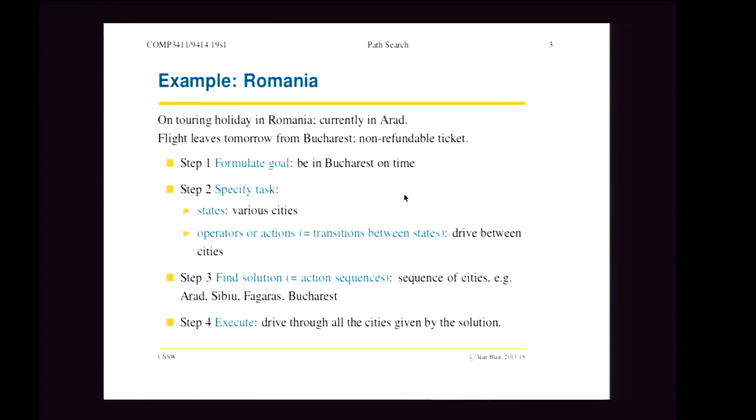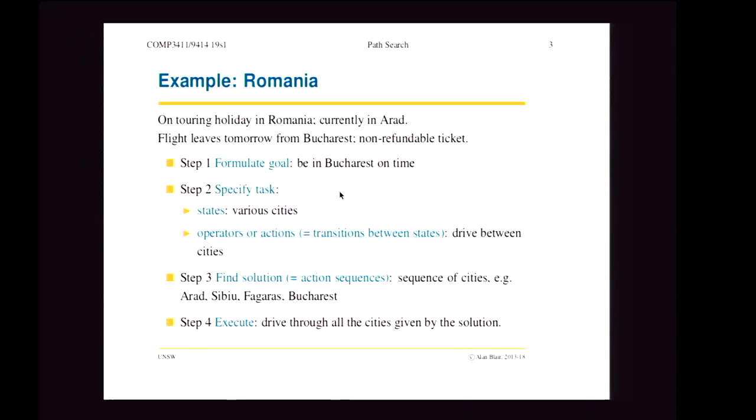So you imagine that you're on holiday in Romania, you're in Arad, the flight leaves tomorrow. So you have to formulate a goal. Remember the PEAS description, the performance measure is getting to Bucharest on time. And then we have to specify the environment or the task.